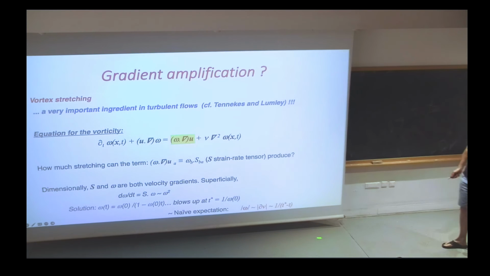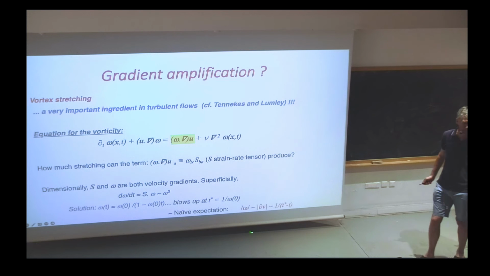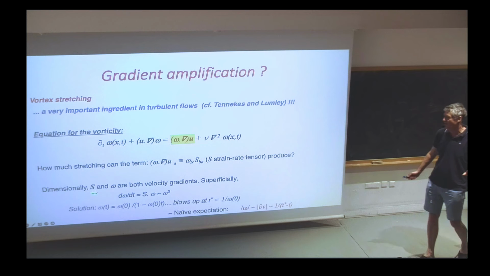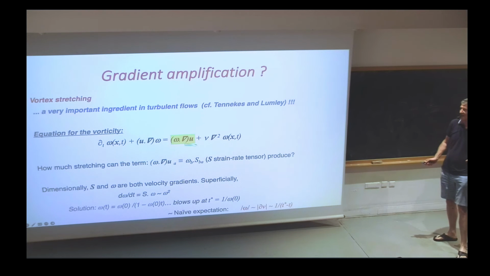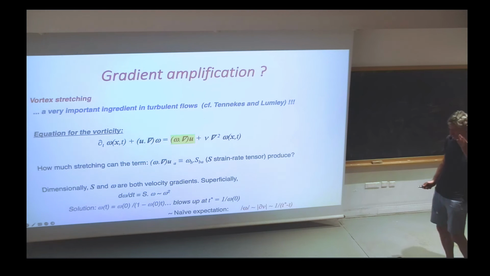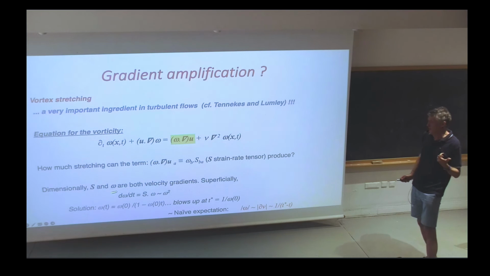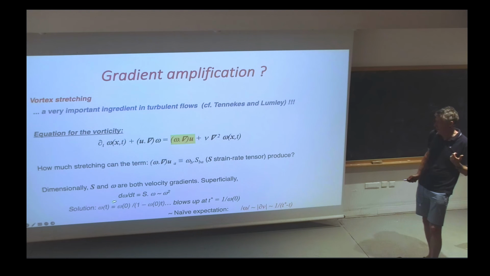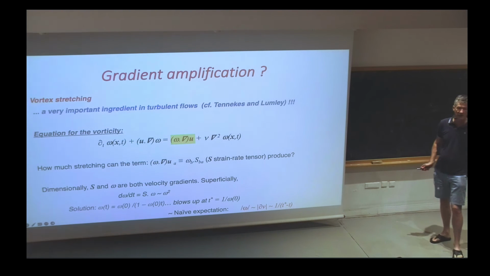Okay, so I know you're a mathematician and you guys are going to laugh at me, but nonetheless, as ridiculous as it may sound, if you look at it in a very superficial way, you have d omega/dt, this advection equation. It's a product of rate of strain times vorticity. Now, very crudely, both S and omega are velocity gradients, right?